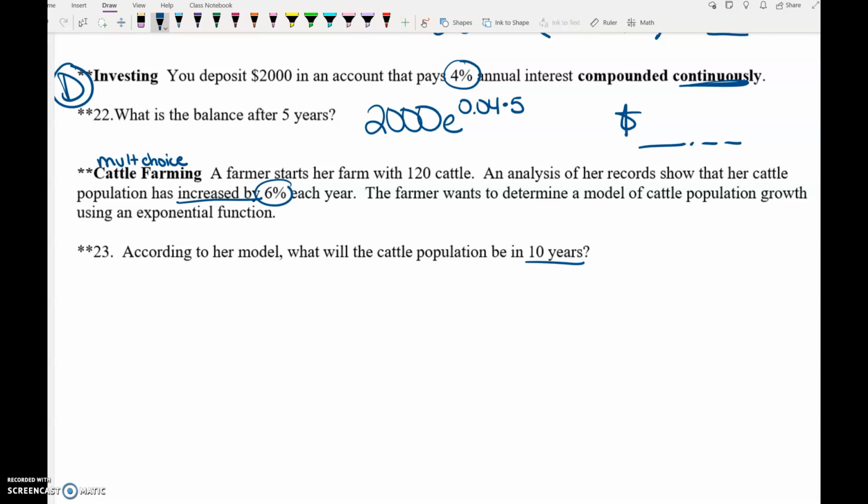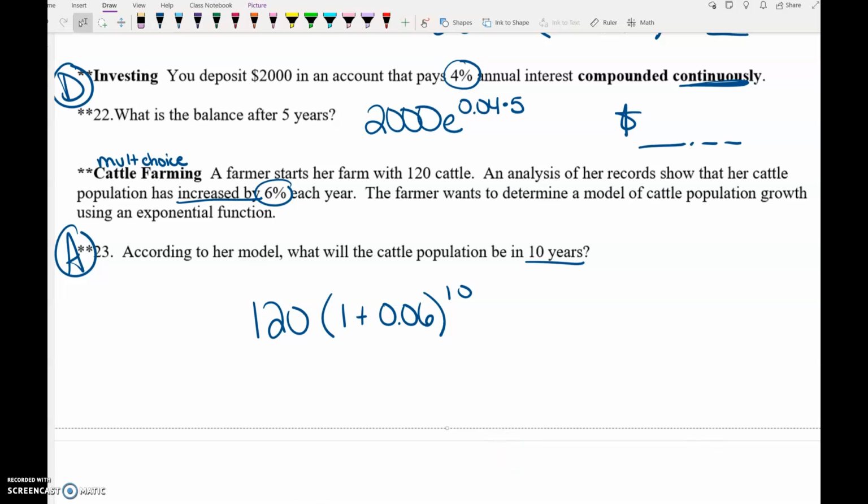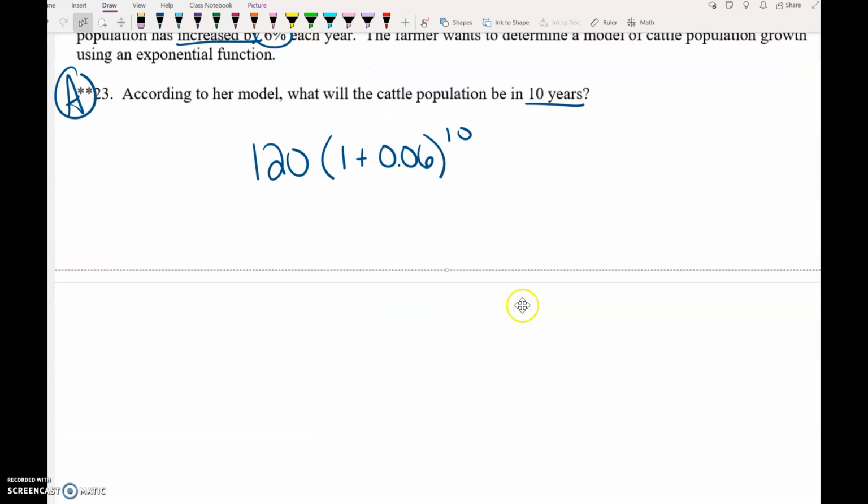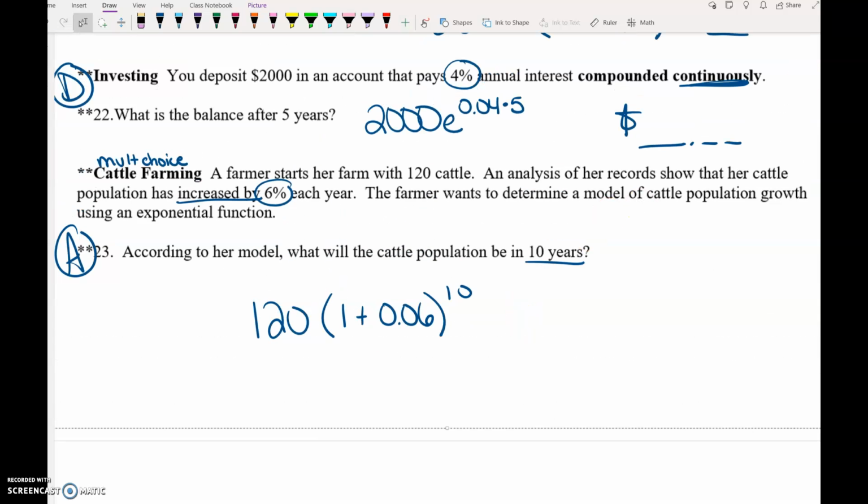We're definitely increasing, so we're going to use formula A. So 120 cattle, 1 plus 6% written as a decimal, 0.06, raised to the 10 years. Plug that into your calculator and round. It should tell you on the test how to round. If it doesn't tell you, then you can round however you want to and it'll accept it. This one's a multiple choice, so there's only whole number answers, so you obviously would round to a whole number.